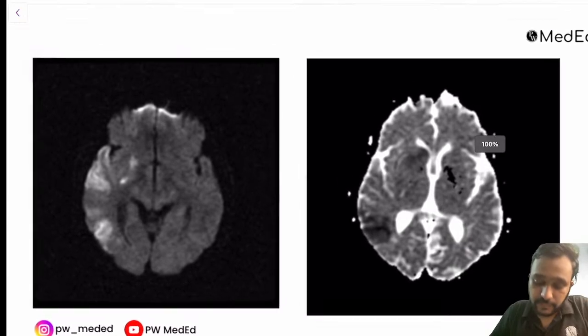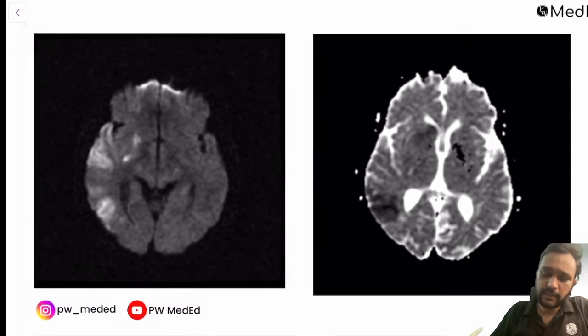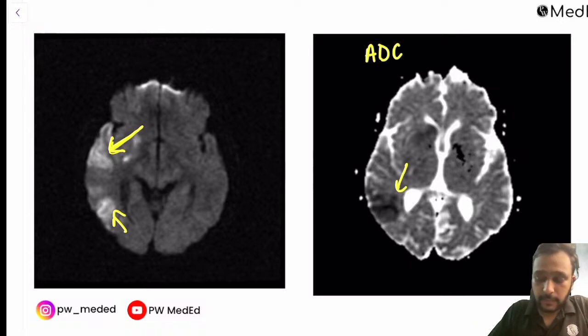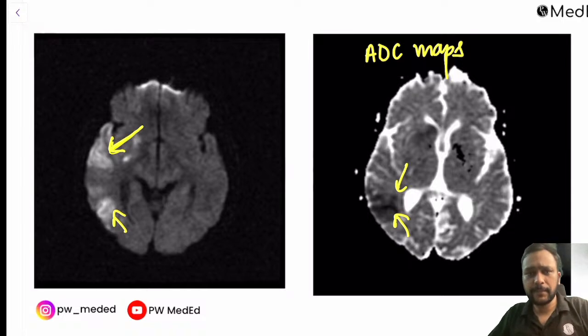right? So this is a patient with history of left-sided hemiparesis. We can see that there are bright areas on diffusion weighted images, and on the corresponding ADC maps these areas are appearing dark, right?